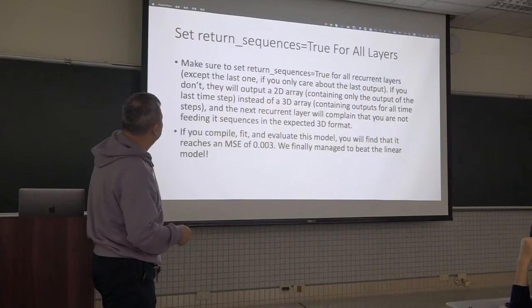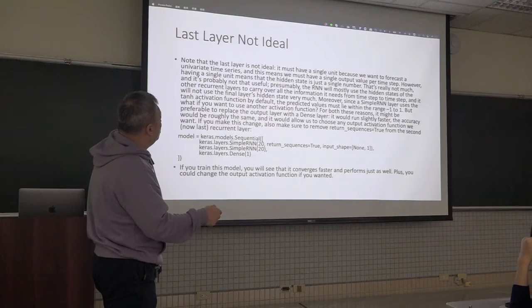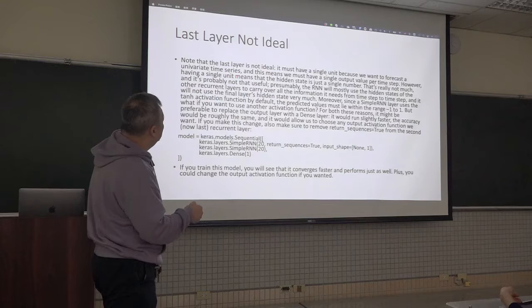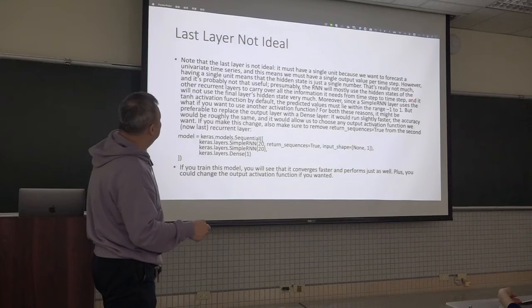The reason is we want to forecast a univariate time series, so we must have a single output value per time step. But having a single unit means that the hidden state is just a single number. That's not much, and it's probably not that useful.